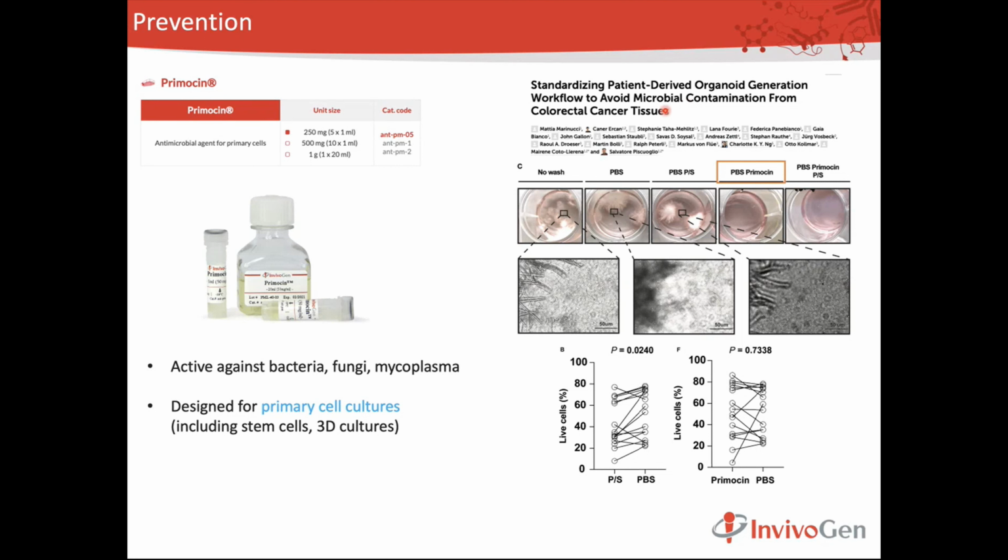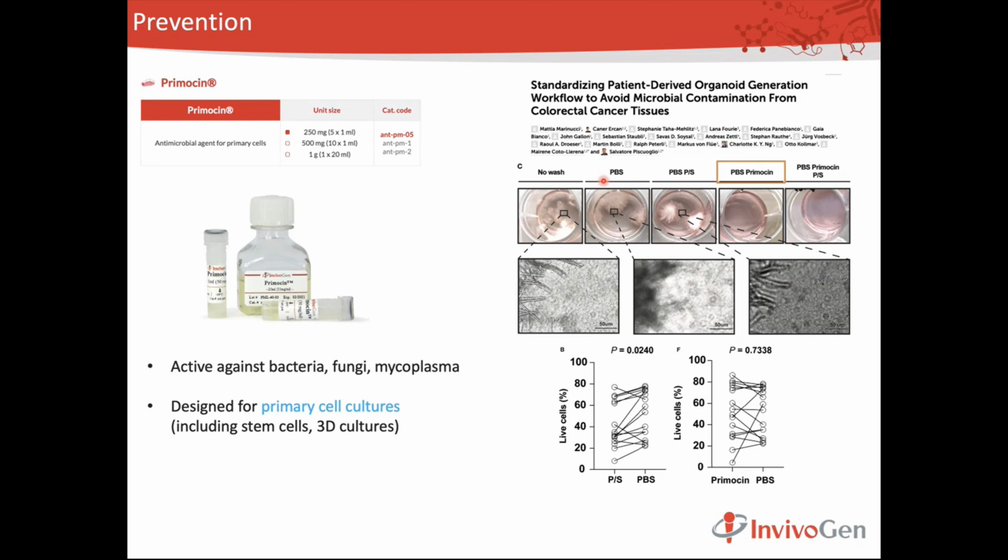So after getting the samples, you may do no wash, and then you can see here the culture medium becomes very cloudy, and you can see different patches, which are most likely bacteria or fungi contamination.